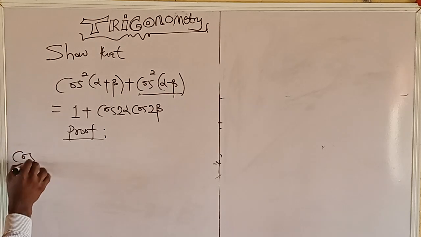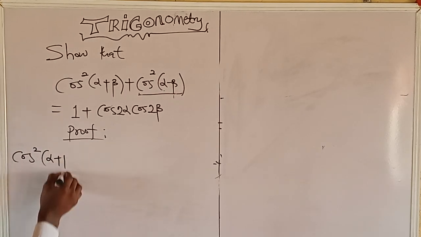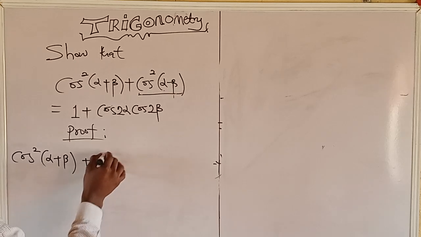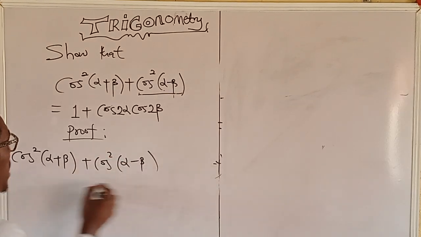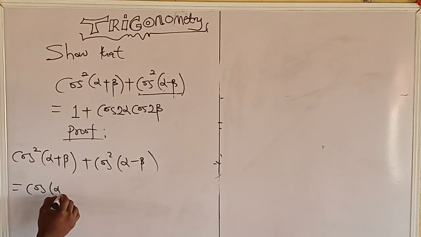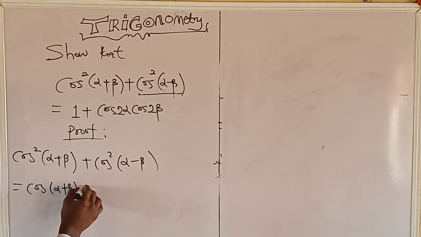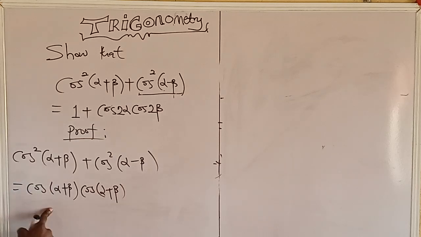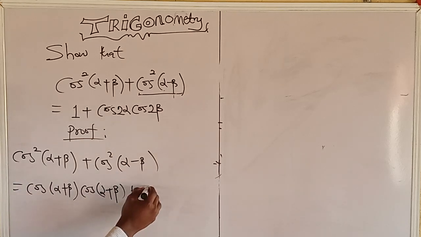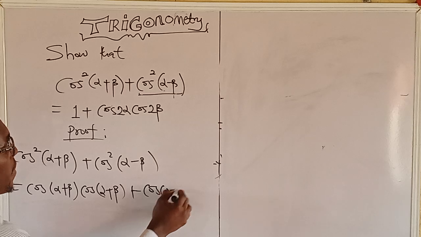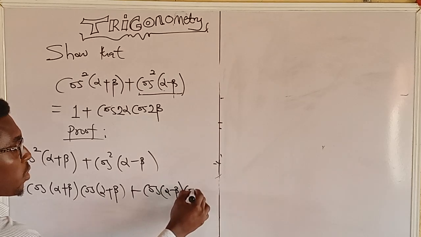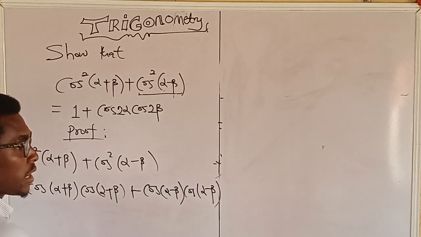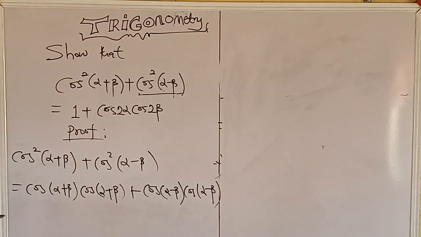We can write this cos squared of alpha plus beta plus cos squared of alpha minus beta to be cos alpha plus beta multiplied by cos alpha plus beta, because this is squared. So it can be written like this. The same thing, this second term can be written as cos alpha minus beta multiplied by cos alpha minus beta. Can you see that?